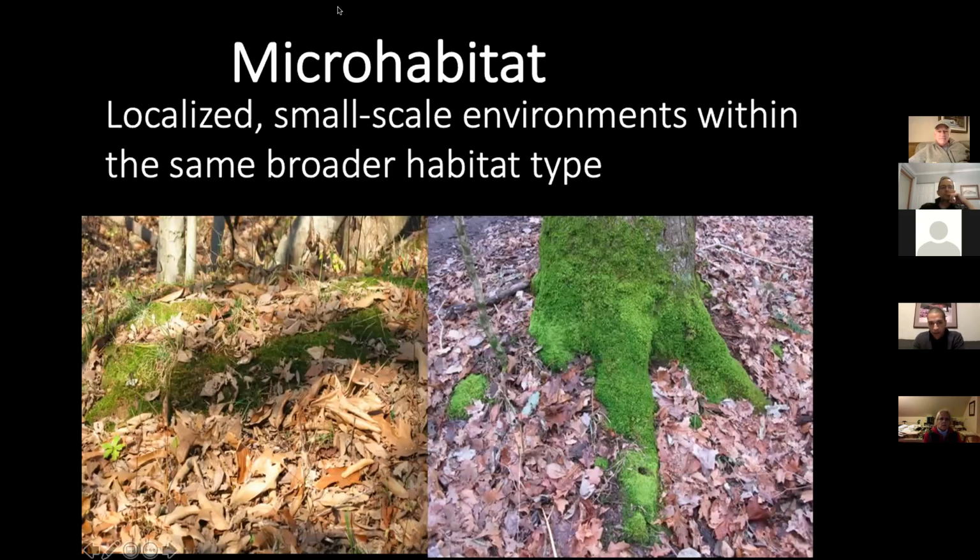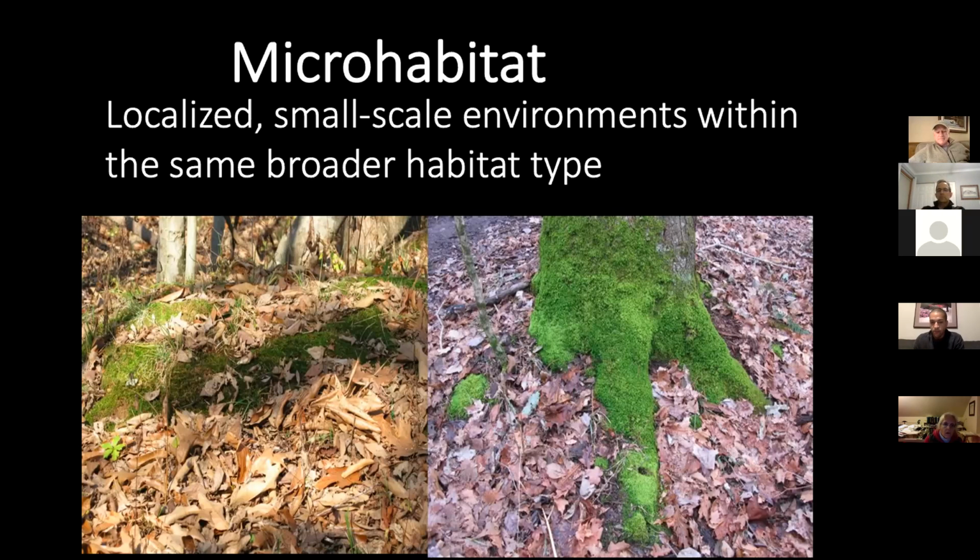So when we're talking about moss habitat, what we really want to focus on are these things called microhabitats. These are small pockets within larger habitat types that have similar conditions, but they're different enough to affect how communities are distributed.